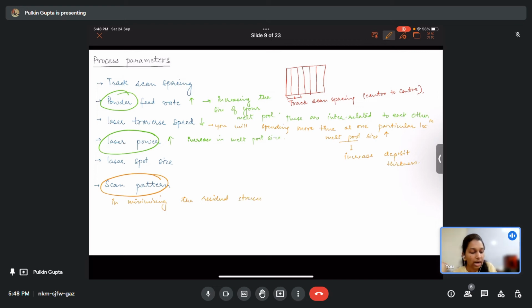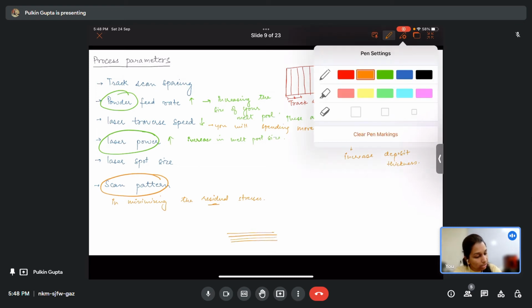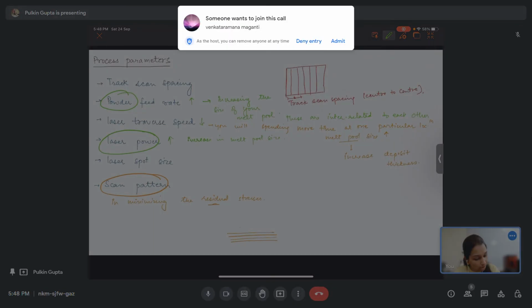So that is why it is often tried to change the direction of laying up the material in different layers so as to reduce these residual stresses. For example, if the first layer is scanned in, suppose, the x direction, say this direction, your second layer shall be scanned in the y direction.